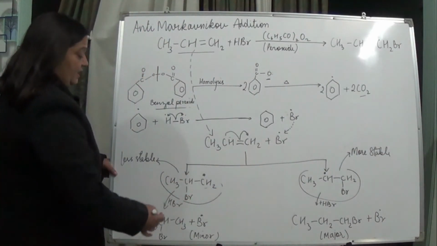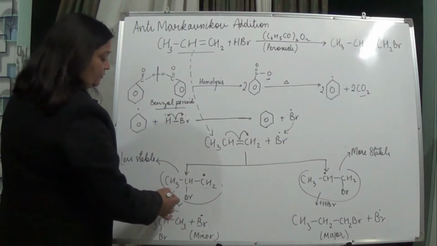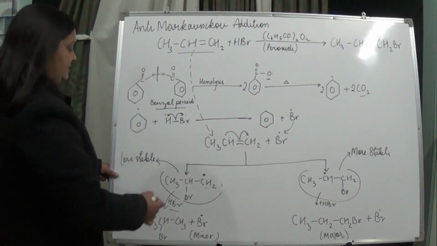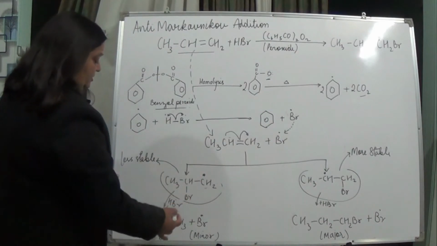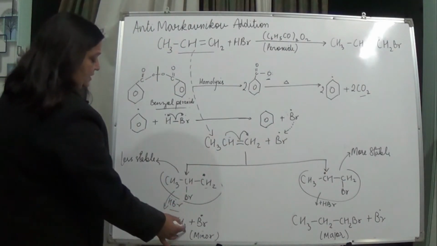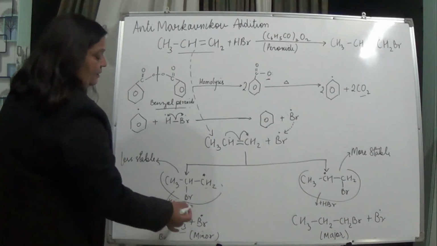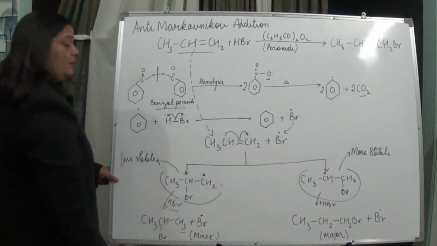Now HBr is also present over there, so free radicals of H and Br are formed. This H combines with this free radical of CH2, forming a stable CH3, plus this Br free radical comes out. This is the minor product.